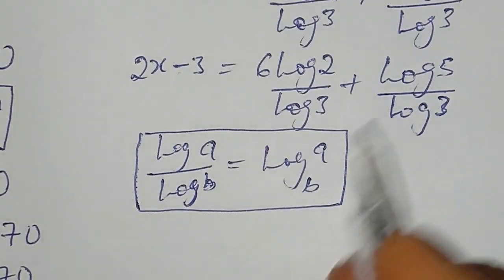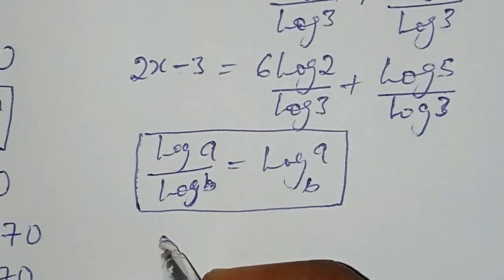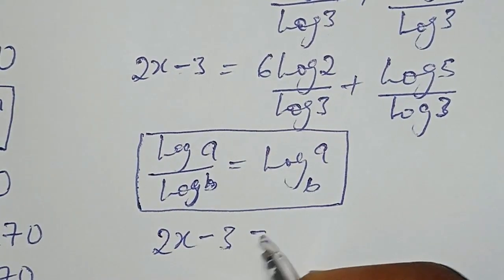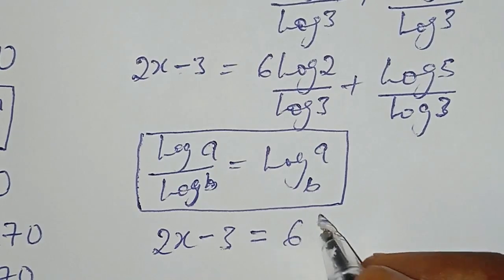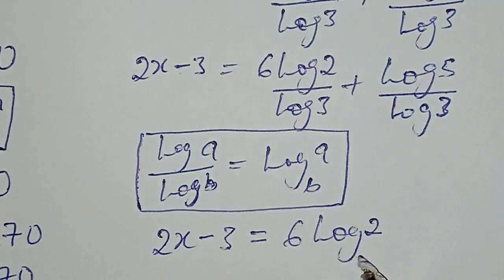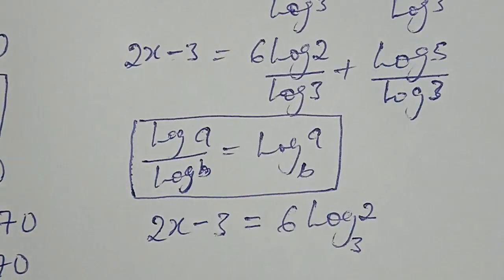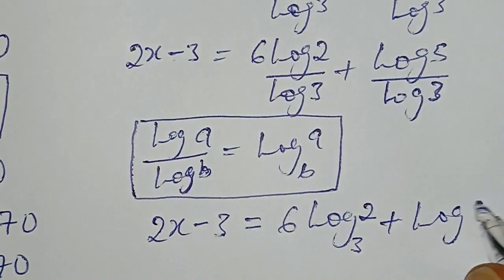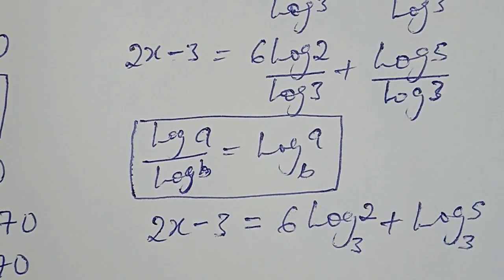Considering this identity, this can now be written as 2x minus 3 is equal to 6 log 2 base of 3 plus log 5 base of 3.